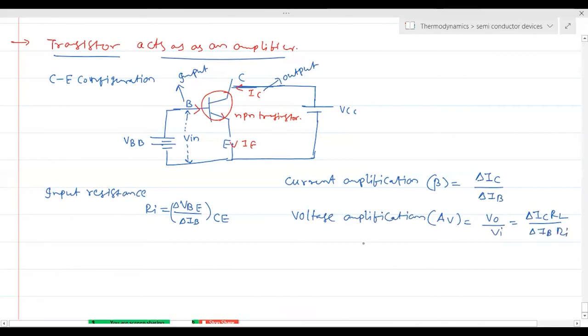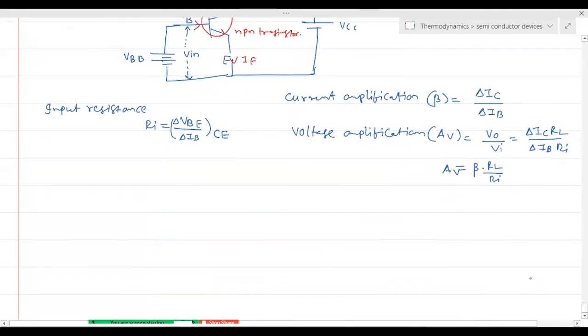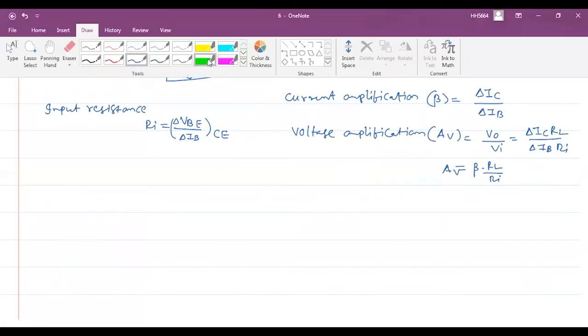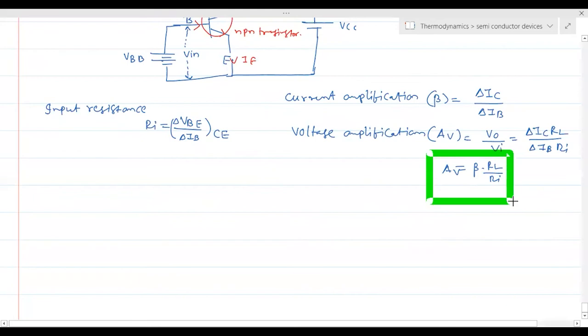From the situation, we know that delta IC by delta IB is beta. So beta into RL by Ri. This is a famous equation for the voltage amplification. So AV equivalent to beta into RL by Ri.